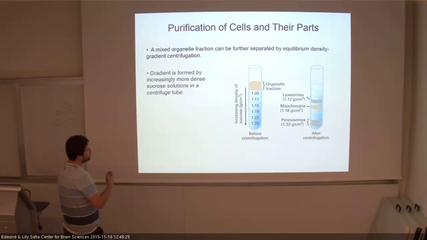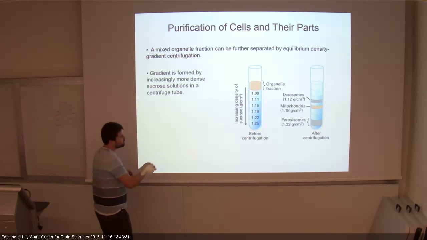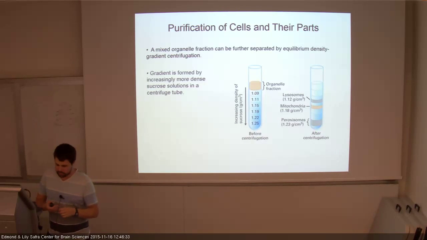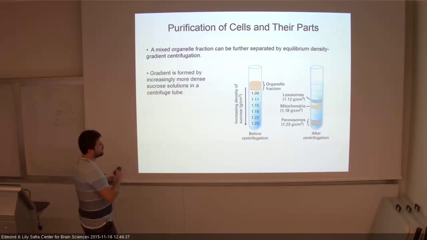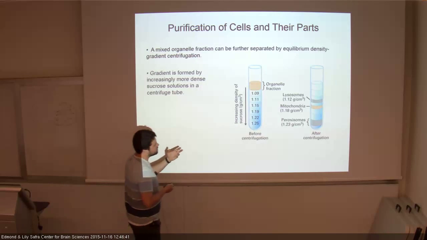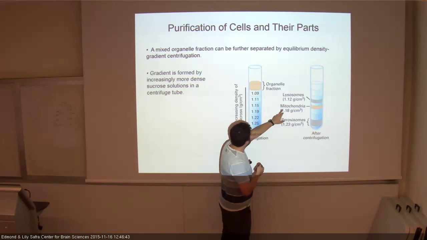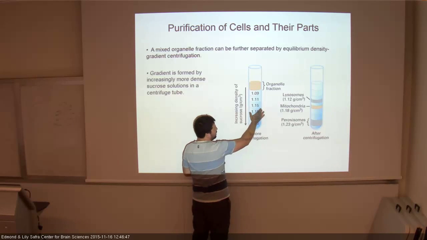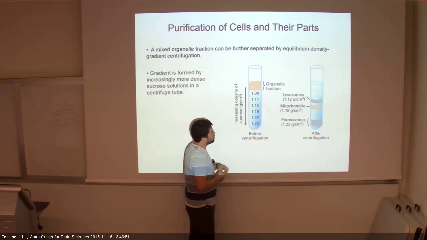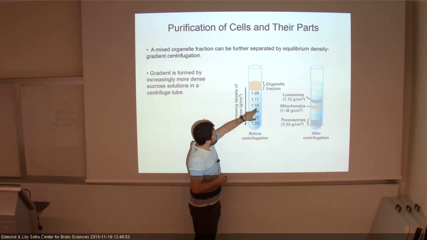This is done mostly by using sucrose, mixing sucrose with water to form this dense solution. And according to the specific density that we know, let's say I want to isolate mitochondria, then I form a gradient that has one layer that is more dense and one layer that is less dense than the mitochondria, and then all the mitochondria are going to settle between the two phases.